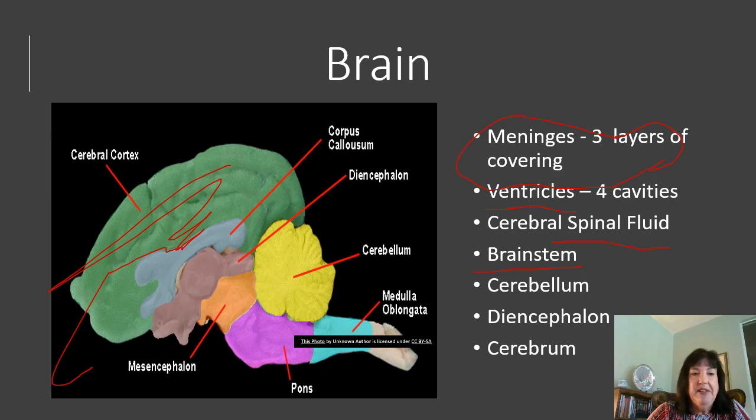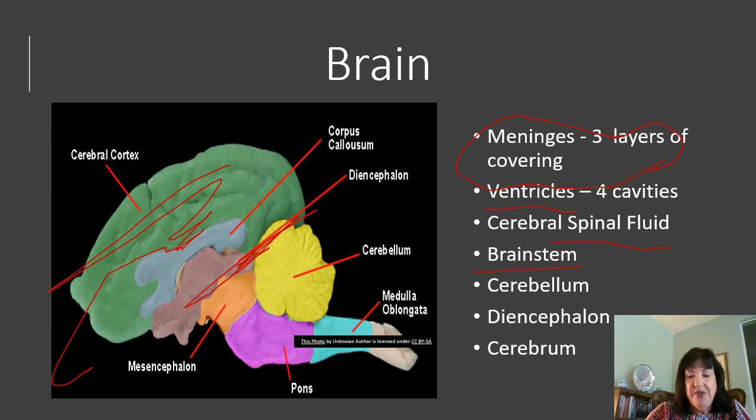The cerebellum, you can see the diencephalon, often you can think of as, let's see, it is over here, it is separating one half of the brain from the other in the cerebral cortex, and the cerebrum, where pretty much our personality, our thoughts, our judgment, that type of thing is in the cerebrum.